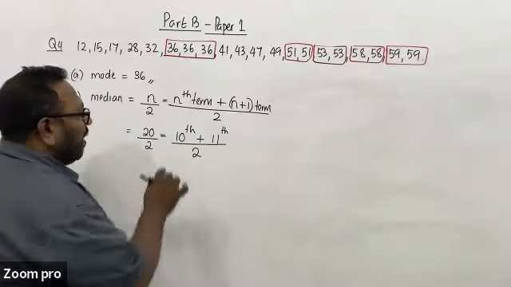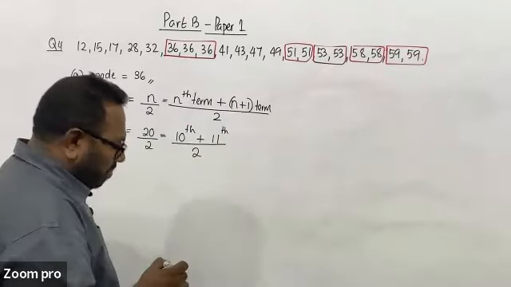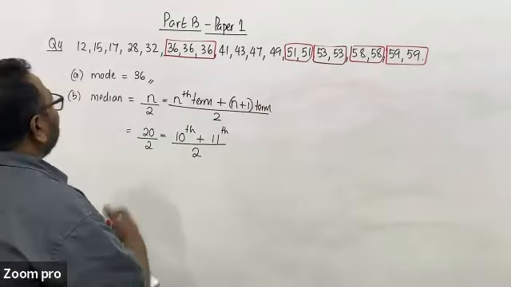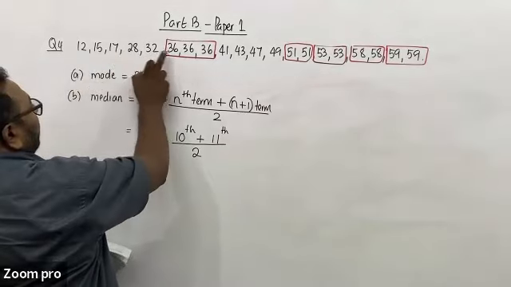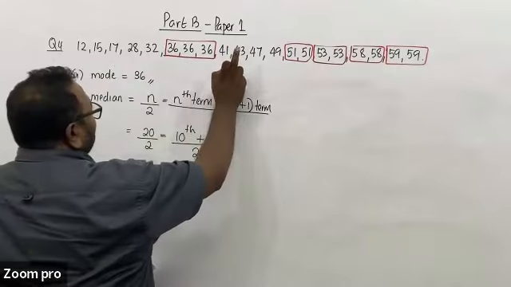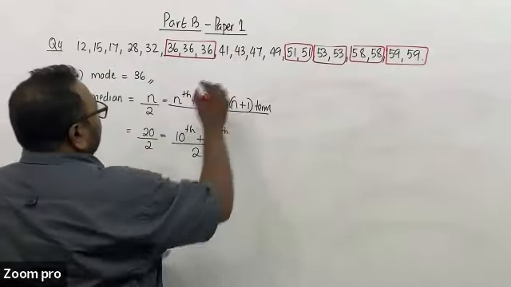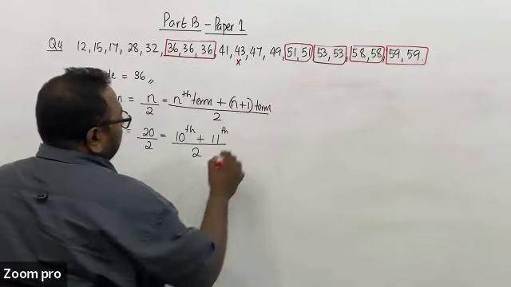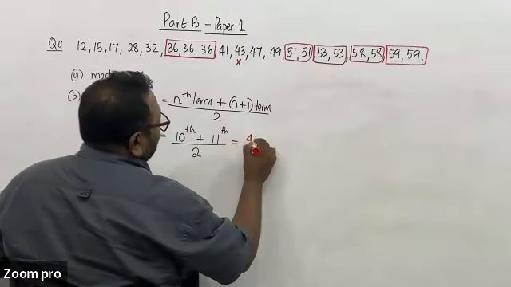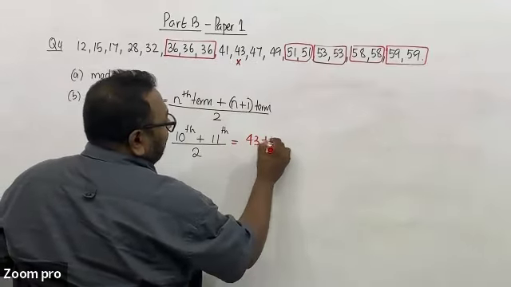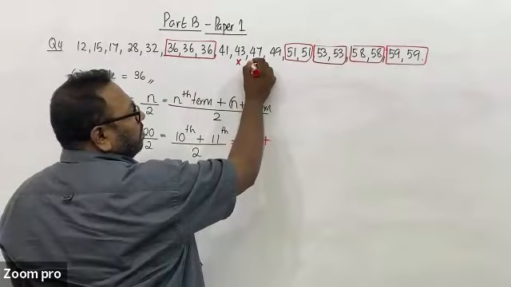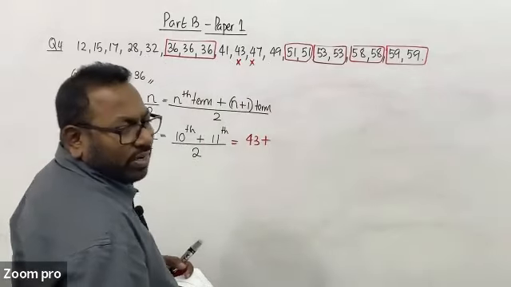Okay. So what is your 10th and 11th term? Let's go and look in your data. 1, 2, 3, 4, 5, 6, 7, 8, 9, 10. The 10th is 43, plus your 11th term is 47.